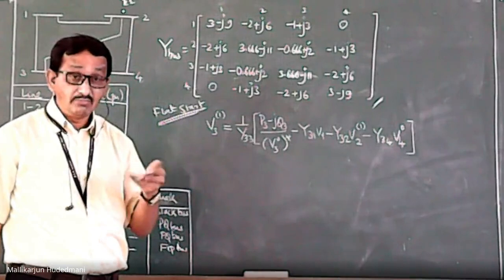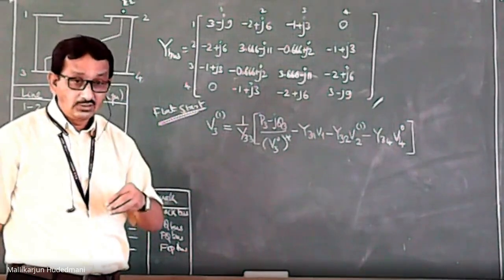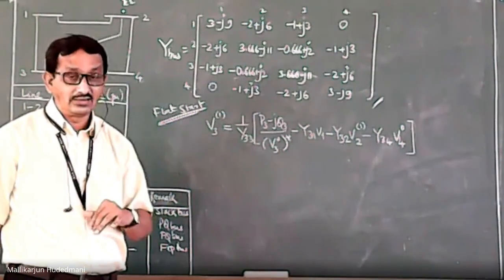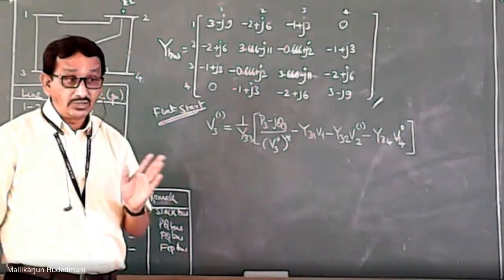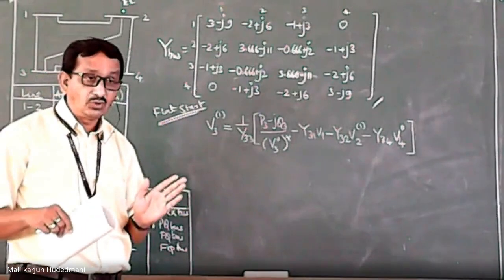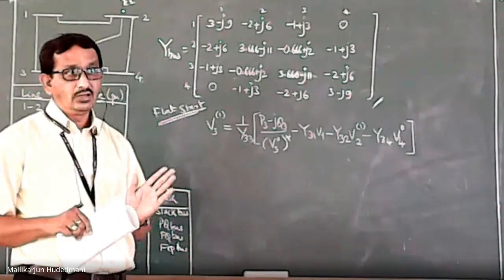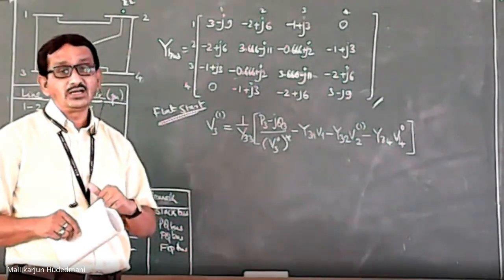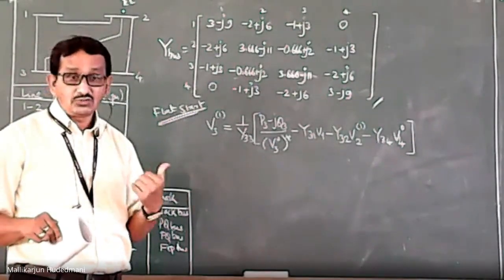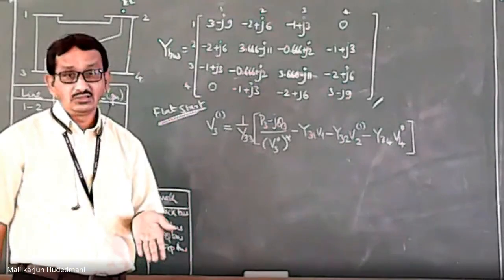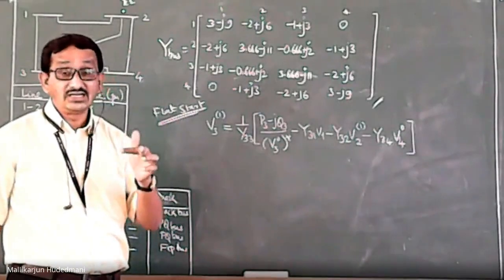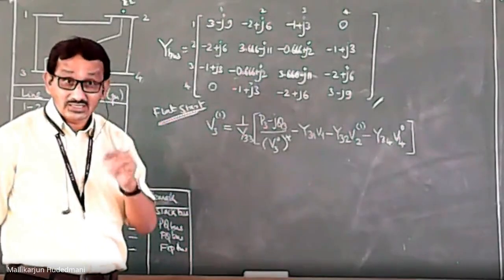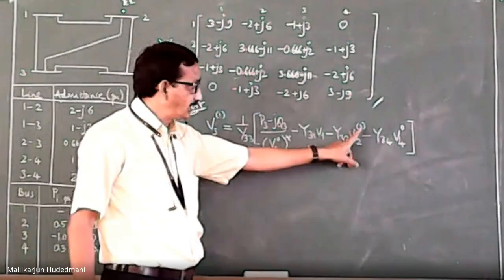If I use those ready best-fit values rather than the flat start, 1 angle 0, again and again, the number of computations I need to perform to converge to a good solution, and the time involved in getting it converged, automatically differ. When I use the latest value, it converges much faster. That is the power of Gauss-Seidel. Gauss uses old values, Gauss-Seidel uses the latest value. That's the difference.